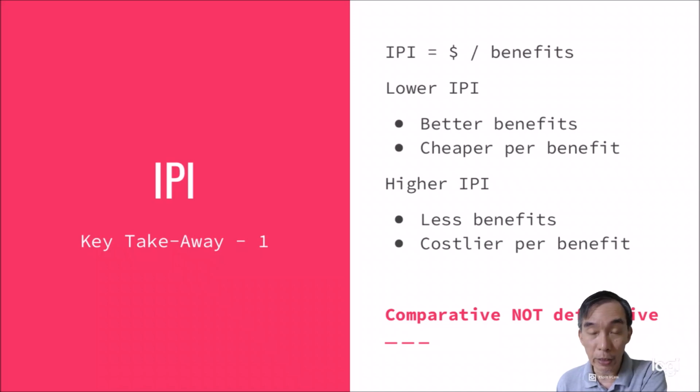That means it is in comparison to another unit of the property. It is not definitive. It does not say that it is expensive or not expensive, but it is compared from property A to B to C to D of the same project.